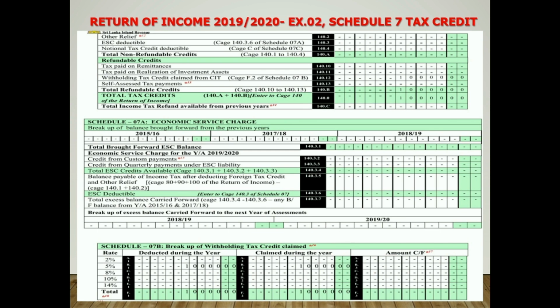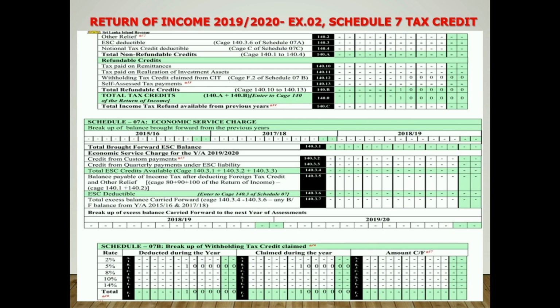Other non-final tax credit, if you have any other non-final withholding credit, you have to claim during the year of assessment. So in our case, we have 10,000 amount of withholding credit deducted on interest. That amount I have entered under the rate of 5% and claimed during the year.